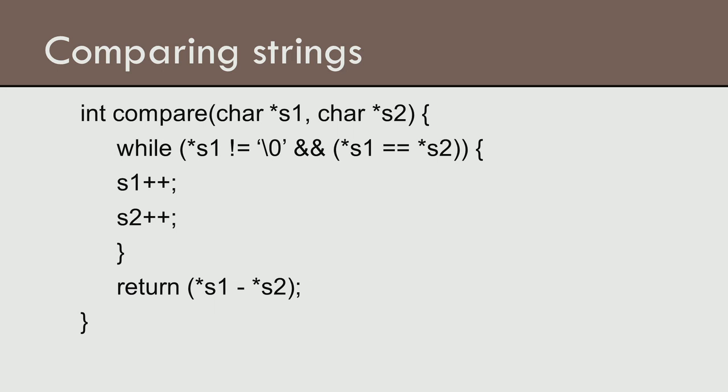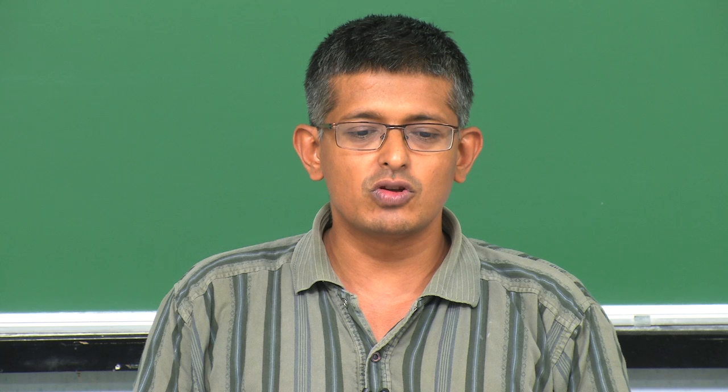Therefore, the way of using this function in our sorting algorithm is that if S1 is lexicographically later than S2 in the dictionary order, then the return value will be greater than 0 and we will effect a swap. That is how we are proposing to use the compare function in our sorting algorithm. So let us go through this function.